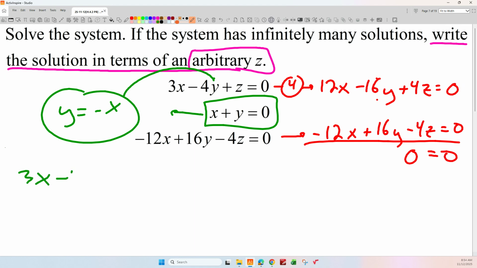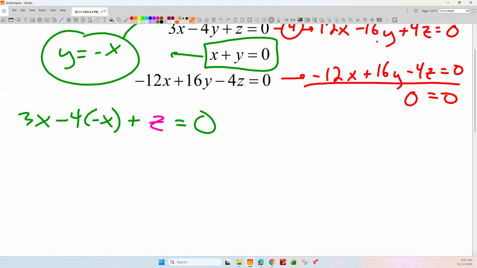3x minus 4 times negative x plus z equals 0. Well, that's 7x plus z equals 0.